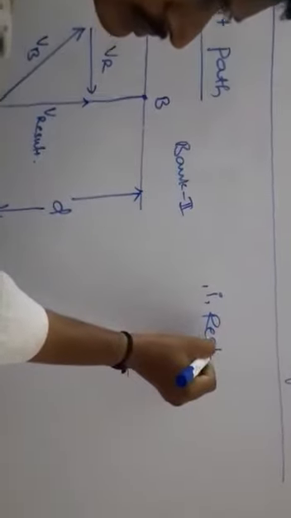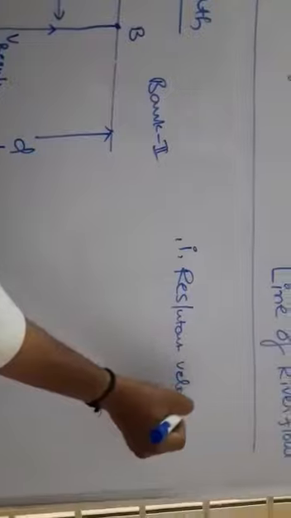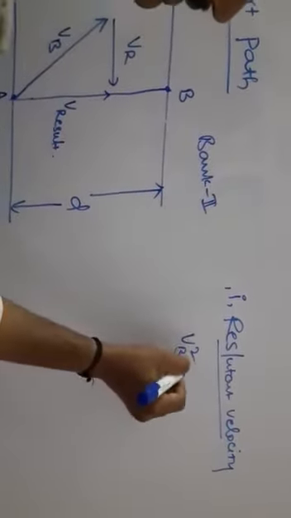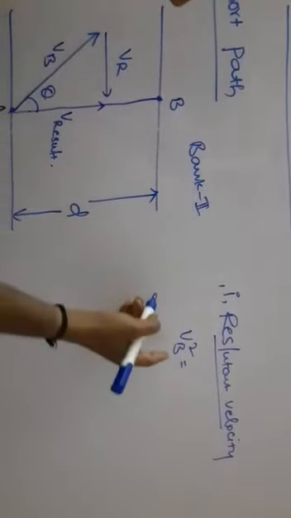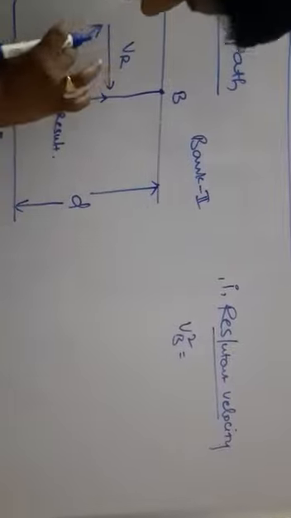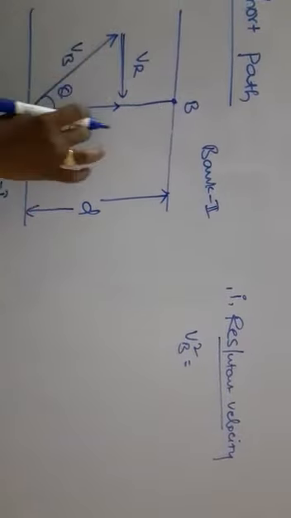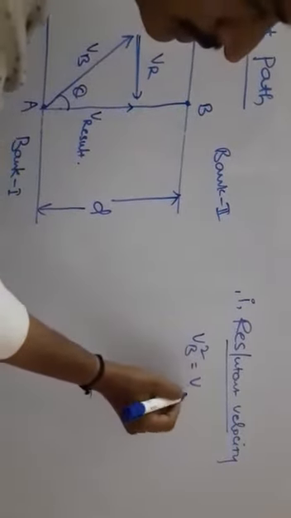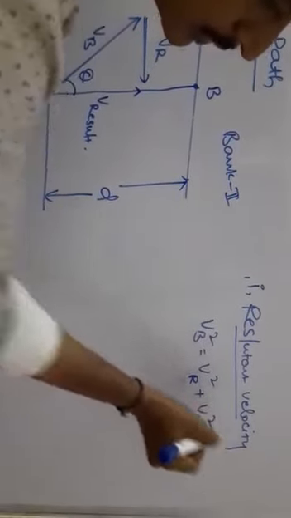First, the resultant velocity we can measure. From the triangle, VB square is equal to hypotenuse square, which is opposite square plus adjacent square: VR square plus V resultant square.